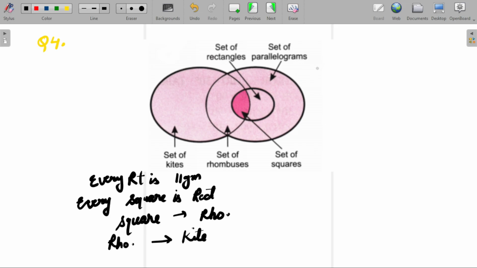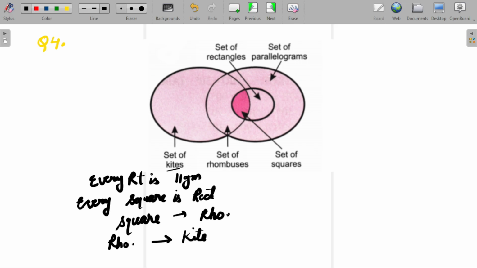The question number 1 was: what is the quadrilateral that is both a kite and a parallelogram? You need to answer a figure which is both a kite and a parallelogram.